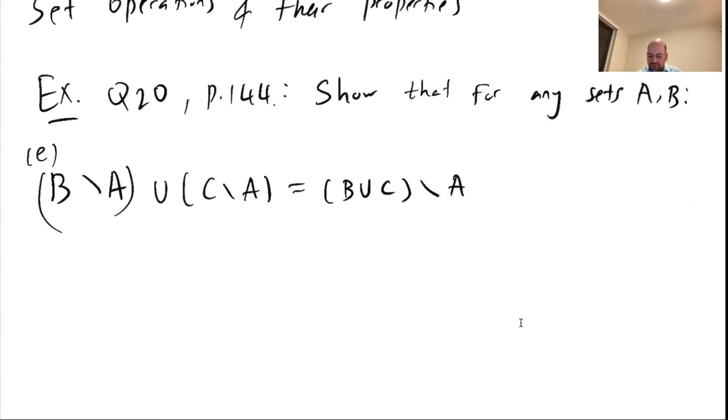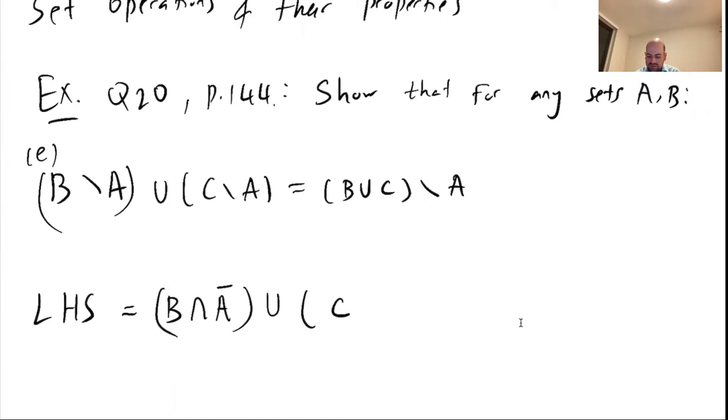So let me start with the left-hand side. So this is B minus A. We saw one of the identities was saying that B minus A is the same as B intersection A complement, and then union C minus A means C intersection A complement.